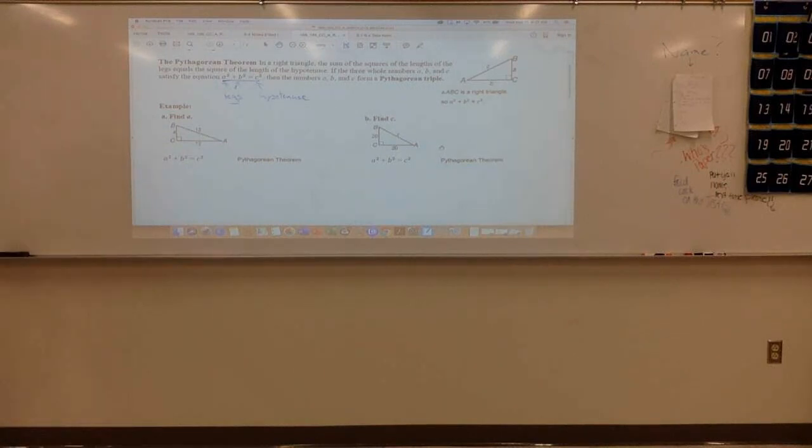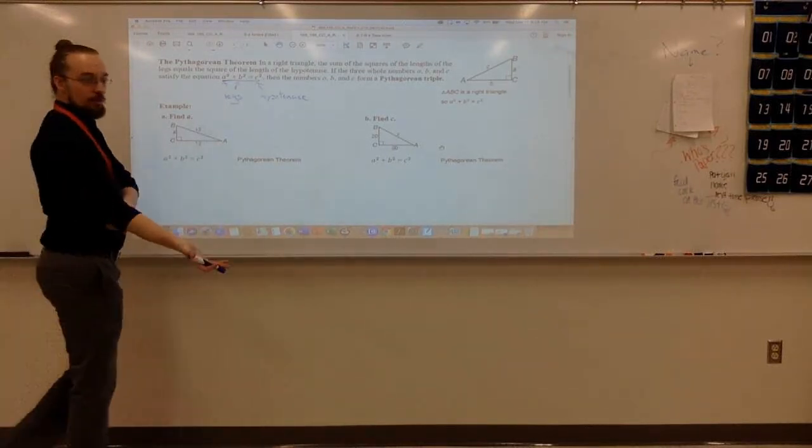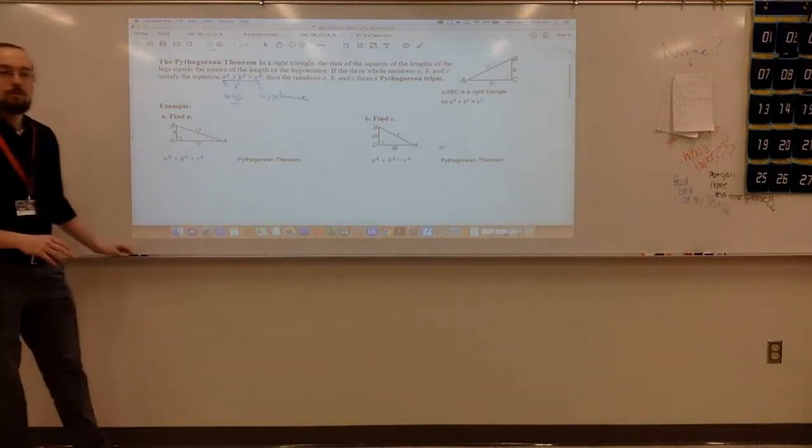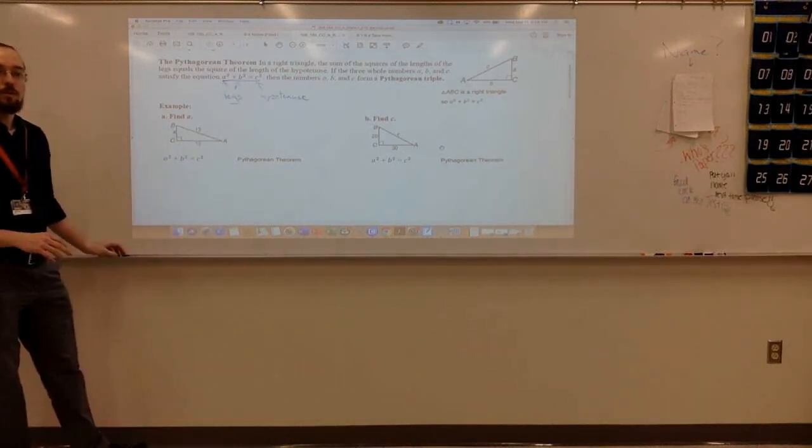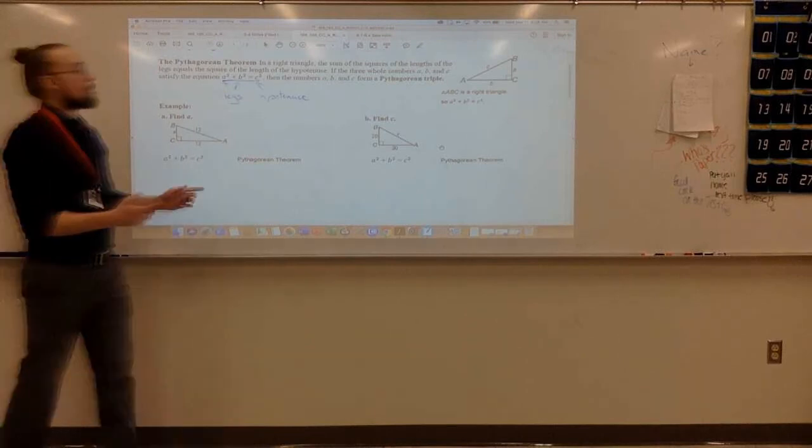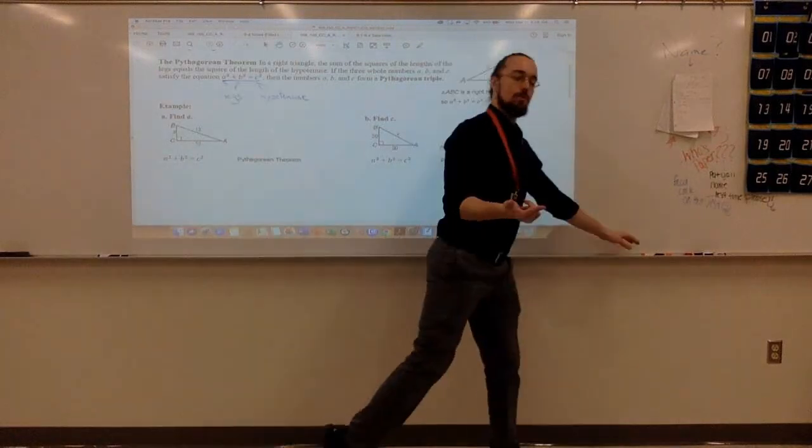Now, what do we mean by legs? What does that even mean? Not the hypotenuse, right? The other two sides. The hypotenuse is always the longest side.